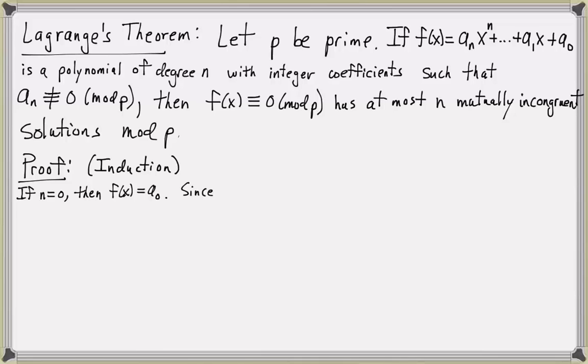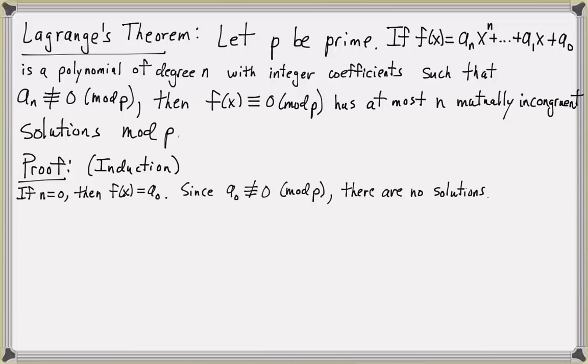So since a0 is not congruent to 0 mod p, there are no solutions to this congruence. This step is a little too easy.